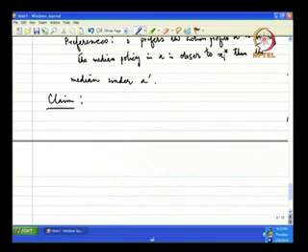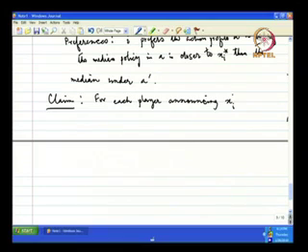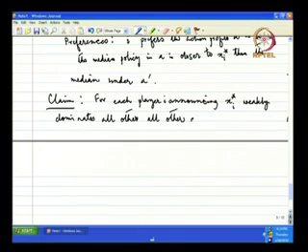And the claim, again related to the idea of weak domination, is that for each player i, announcing xi star weakly dominates all other actions.